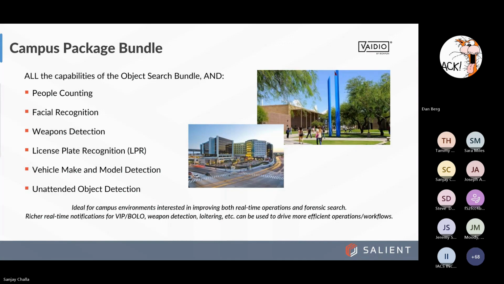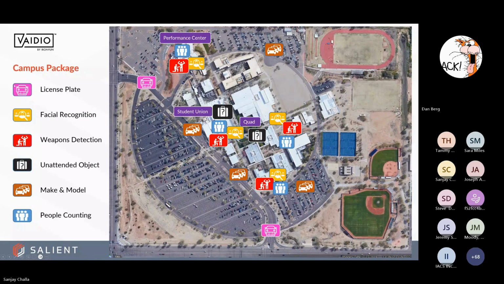This is going to cover a lot of the features and functions that customers are asking for. So we put together a nice little map to illustrate this. This is a community college in lovely, cool Arizona. It's brutal out there during the summertime. But you'll see here, I placed the icons on the map.